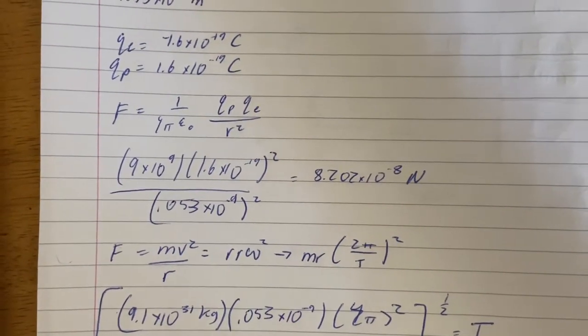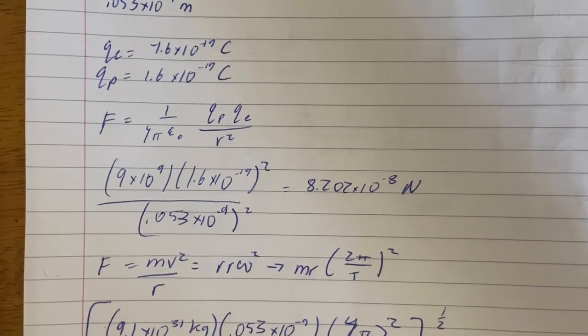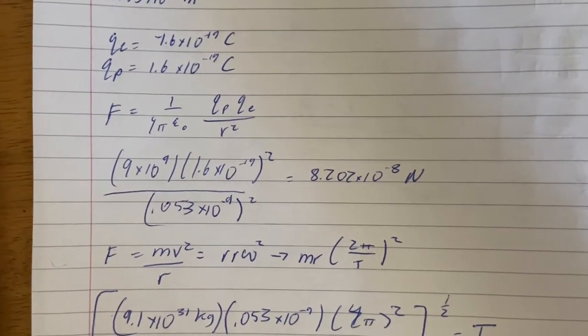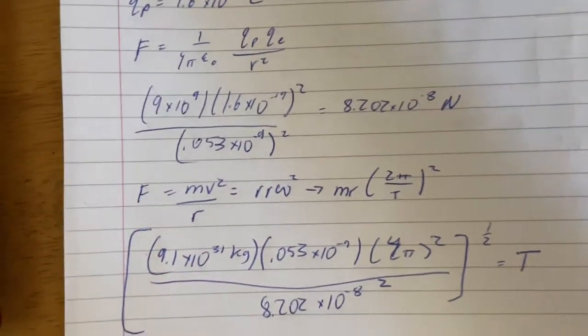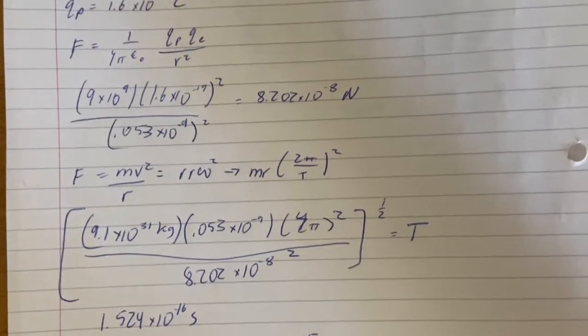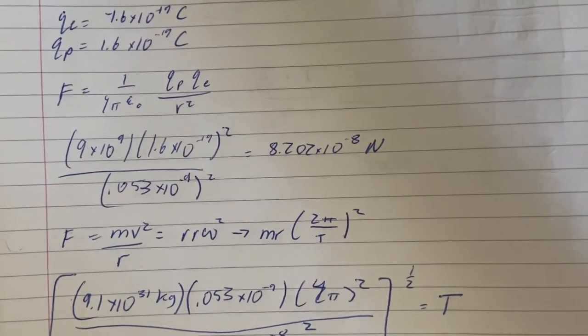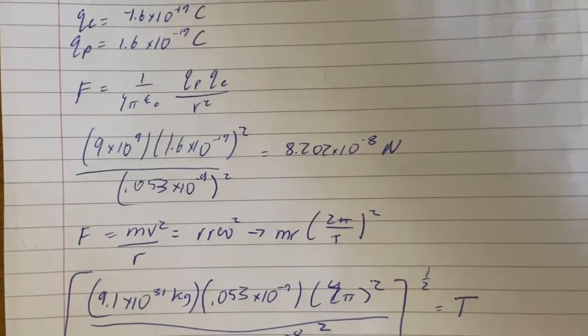And now, the force needed for an electron to move around the proton, we can find that with the force equals mass times velocity squared over r. And to put it in terms of frequency, if we move around some of the variables, we can do the mass times the radius times 2 pi over T squared.